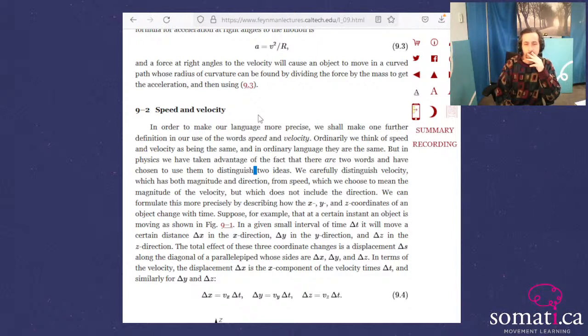In order to make our language more precise, we're going to distinguish speed and velocity, with directions of velocity.